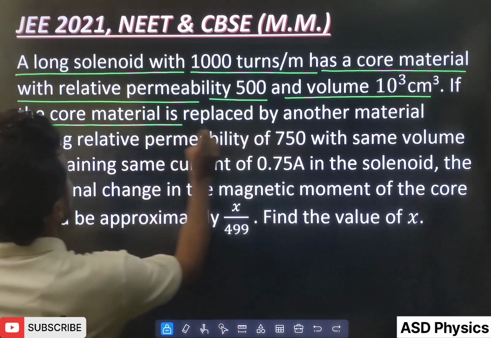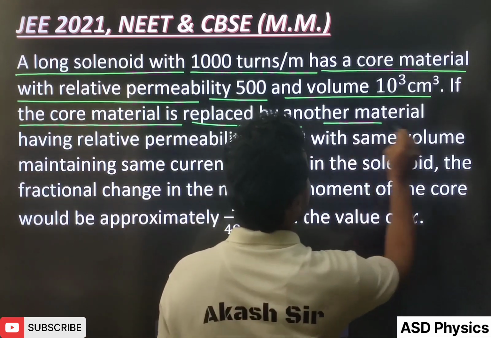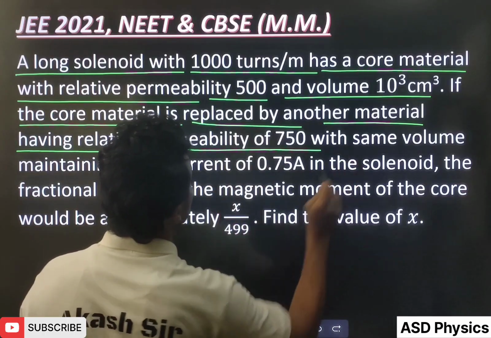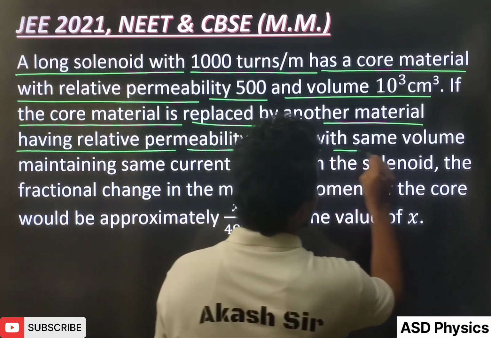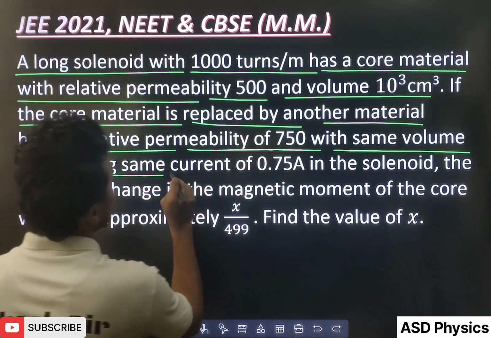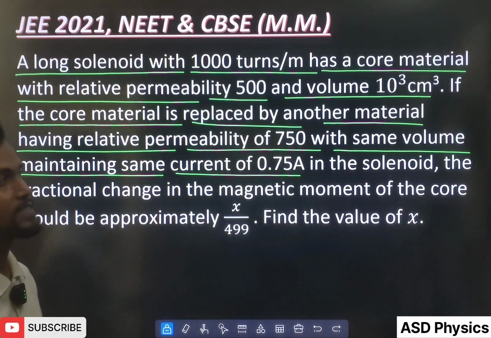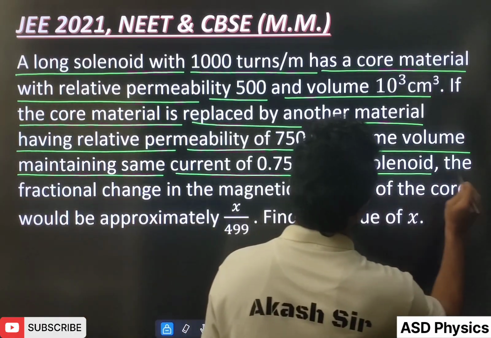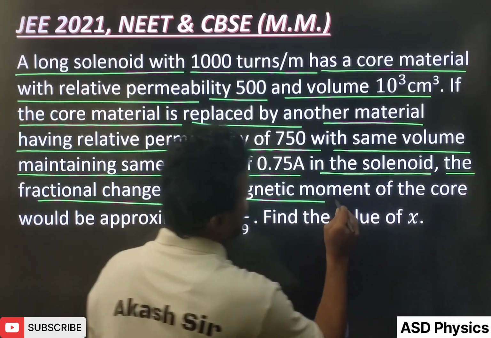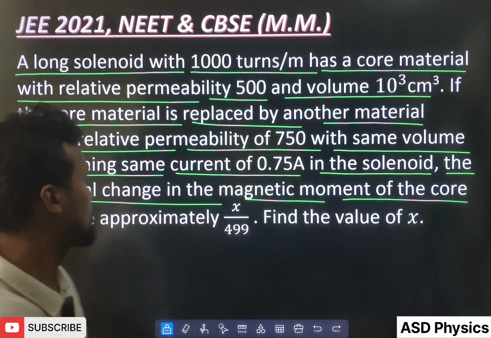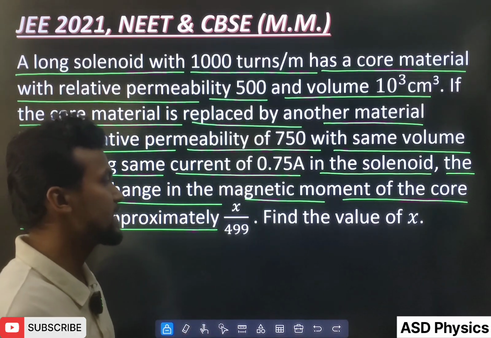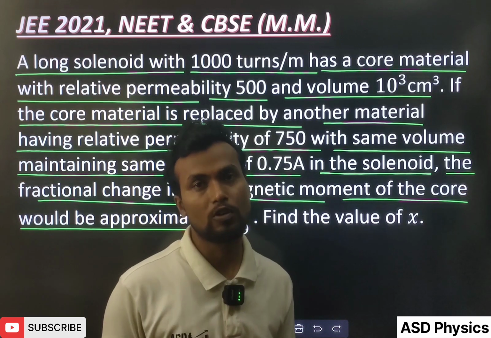If the core material is replaced by another material having relative permeability of 750 with the same volume, maintaining the same current of 0.75 ampere in the solenoid, the fractional change in the magnetic moment of the core would be approximately x by 499. Then they are asking what is the value of x.